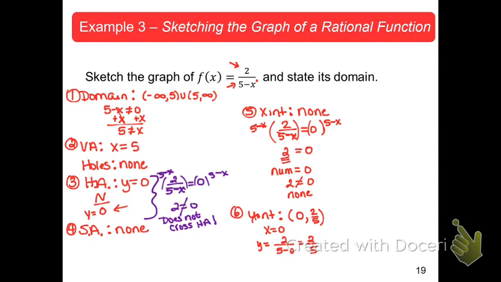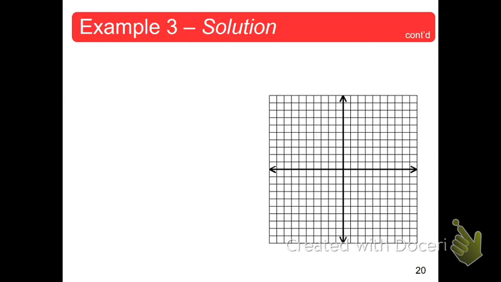Alright, so I'm going to go to my next slide here so I can see my graph. I'm going to recap it real quick. We said we had a vertical asymptote at x equals 5, right? We said there were no holes. We said we had a horizontal asymptote at y equals 0 and that it did not cross.